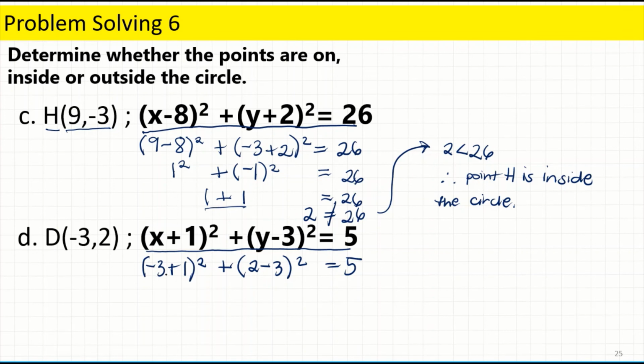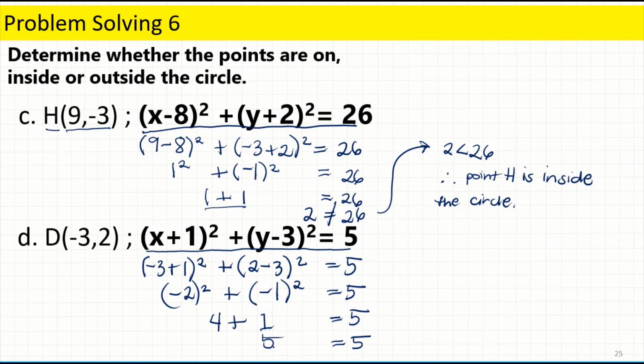Simplifying further, −3 + 1 = −2, squared, plus 2 − 3 = −1, squared, equals 5. So (−2)² is positive 4, plus (−1)² = 1. So we have 4 + 1 = 5 = 5.